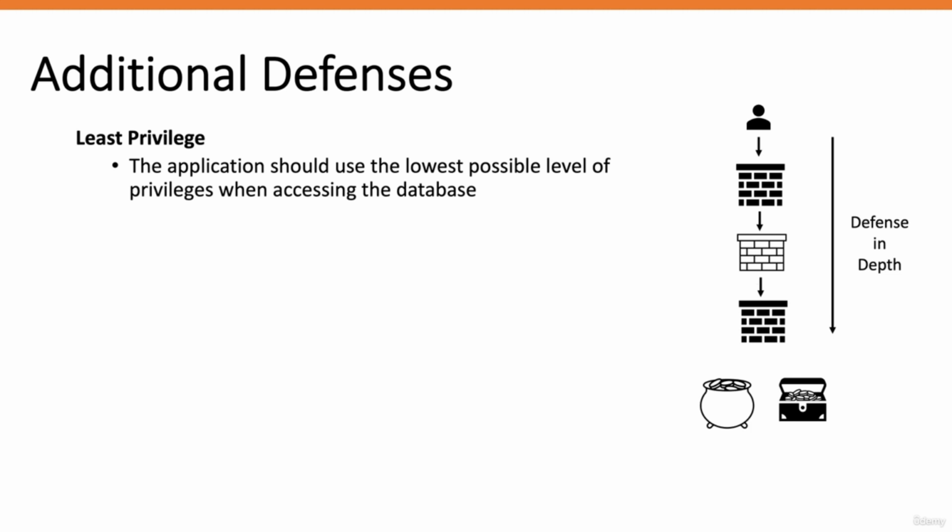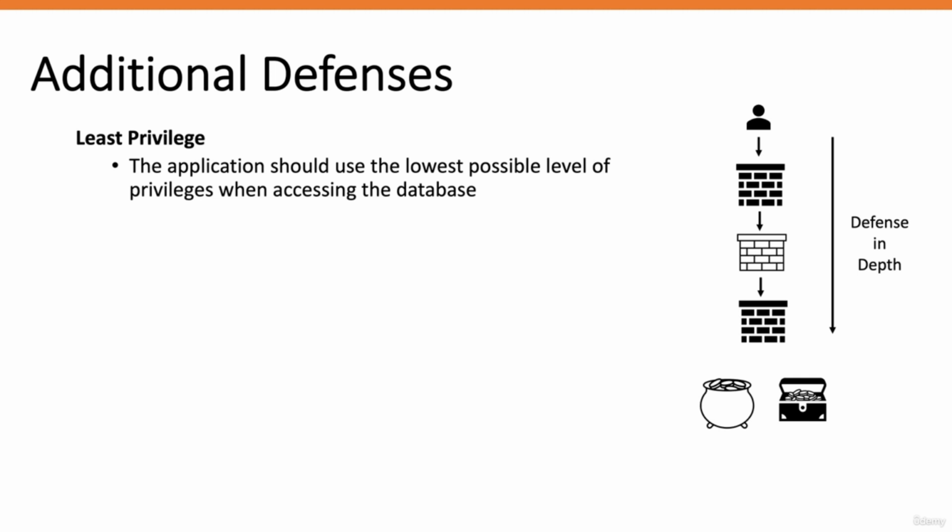And so one is least privilege. The application should use the lowest possible privileges when accessing the database. And the reason behind that is if SQL injection exists in your application and an attacker exploits it to gain remote code execution on the server that the database is installed on, then the attacker will gain the same level of privilege that the database is running with.